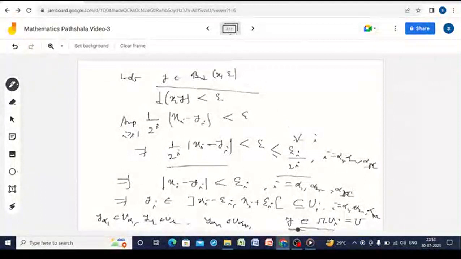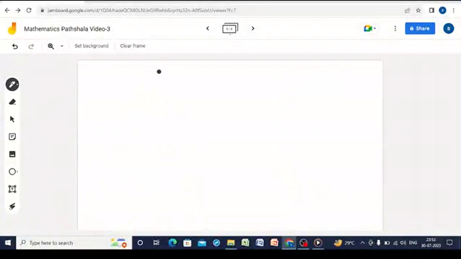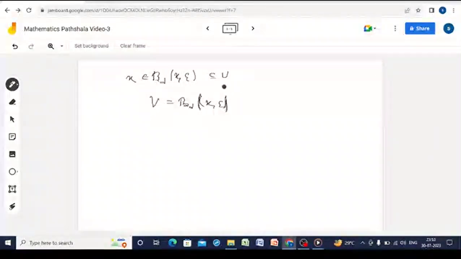So what we get? We get this Bd(x, epsilon) is a subset of U, and also clearly this x belongs to it. So this Bd(x, epsilon), we call this V, is clearly a basic open set in the metric topology. So we have taken a basic open set in the product topology and we get a basic open set V in the metric topology, which is a subset of that basic open set in the product topology.